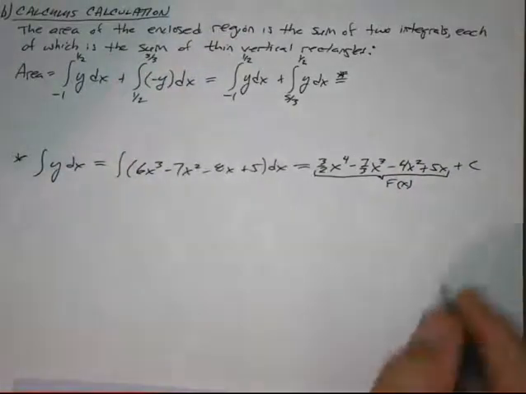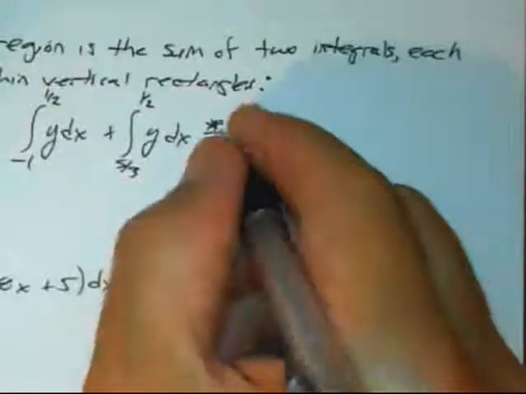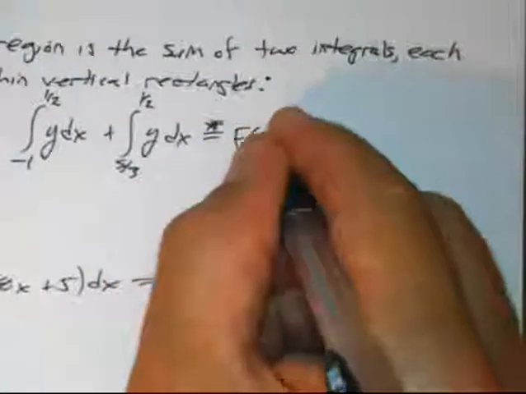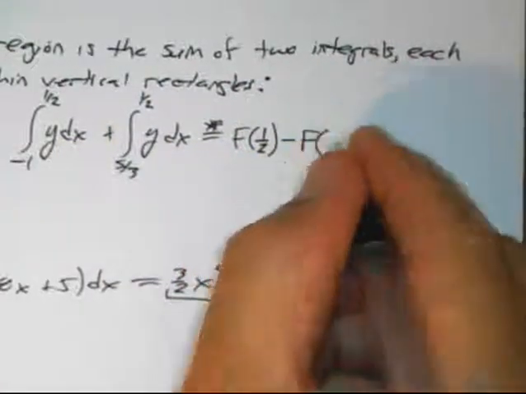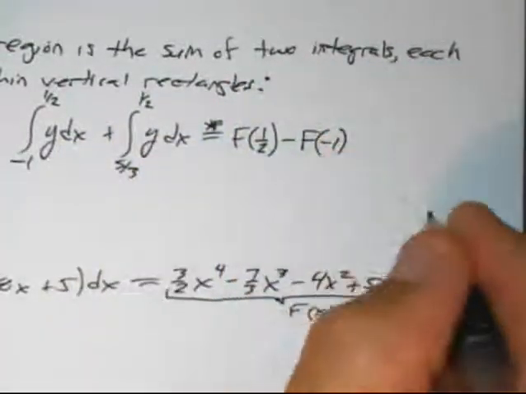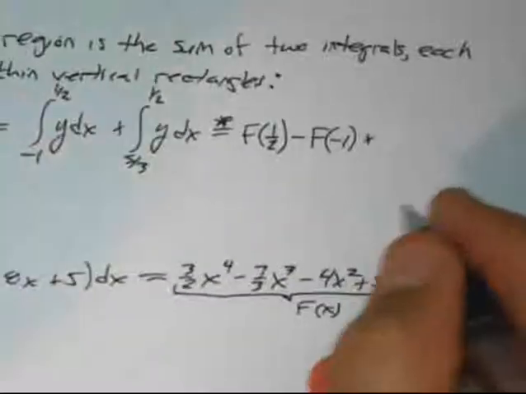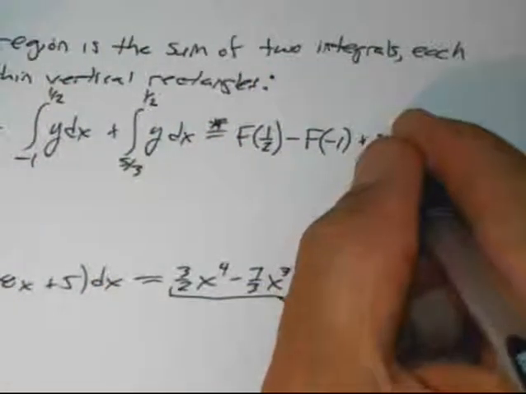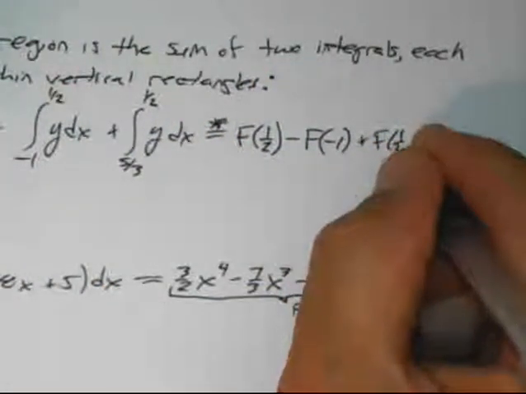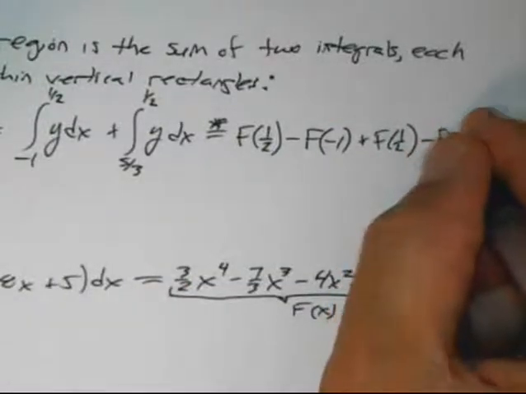And so up here what we've basically got is that we need to compute capital F of 1/2 minus capital F at negative 1, then add to that capital F at 1/2 minus capital F at 5/3.